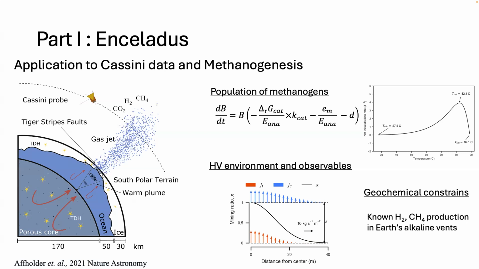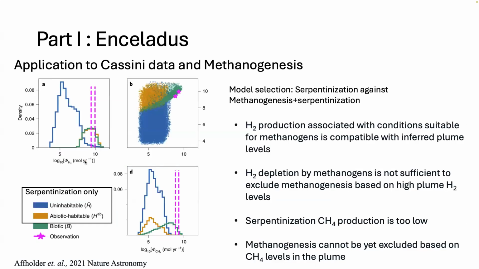Okay, so let's see what we simulate. Those are simulation outputs. We simulate over ranges of H2 production by hydrothermal circulation, CH4 production, a lot of different parameters that we scan over. And we get these distributions. This is flux of H2 and this is flux of CH4. The magenta lines and stars are the observations made by the Cassini mission.